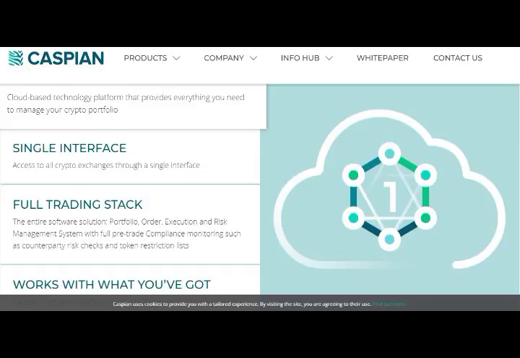Now, as an investor, the more intense your participation in the Caspian ecosystem is, the more discounts you get. So you see now that this token is actually created to foster and encourage people to use the platform, encourage people to be dedicated on the platform.